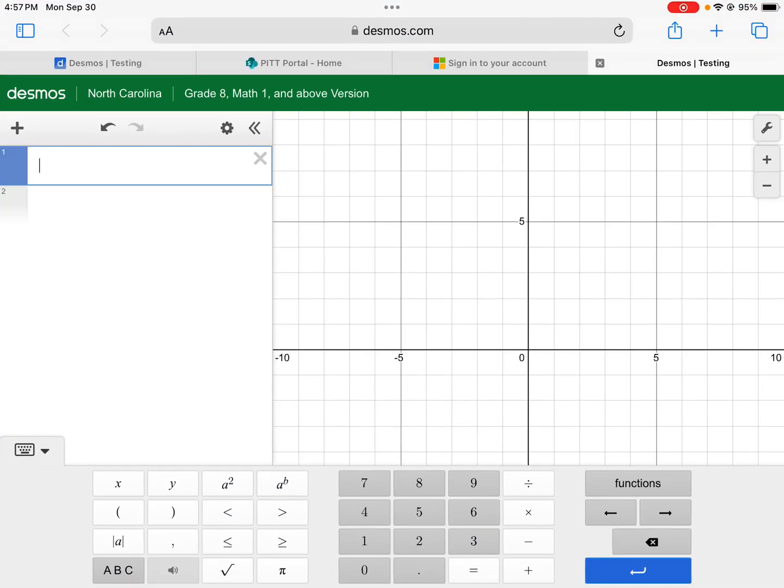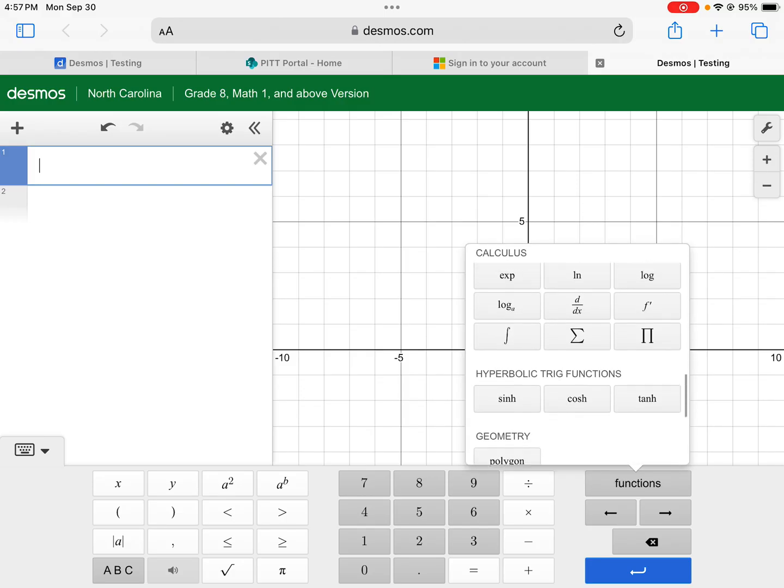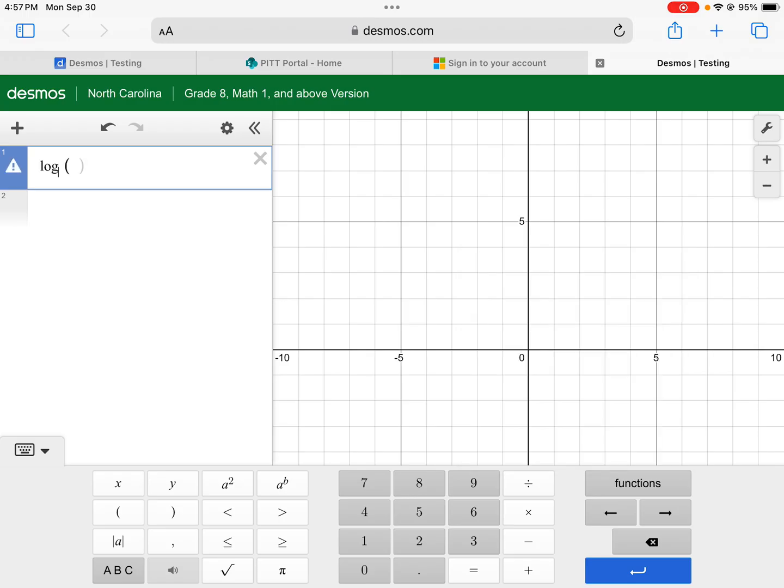So let's see here. I'll clear that one out. So I'm going to go under functions, select the one with log base a, and this is 4 of 10, then divided by 2.